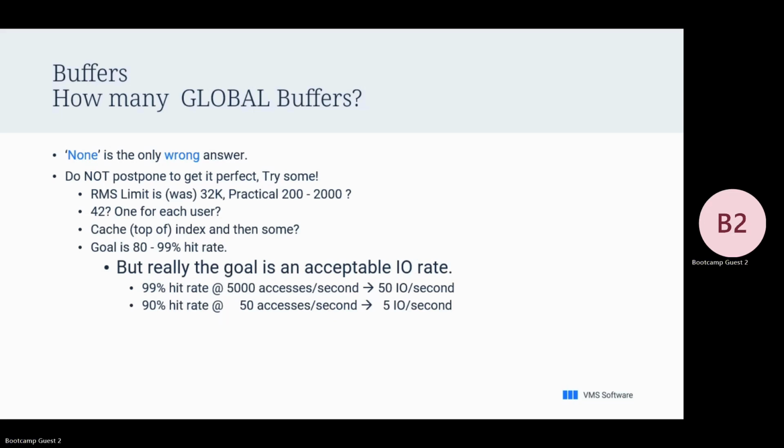So if I have 99% hit rate, but I'm doing 5,000 accesses a second, I'm still doing 50 IOs per second. And the 99 might not be good enough. And yet, when I have 90% hit rate on another file with just 50 accesses per second, I'm down to 5 IOs per second. And who cares whether the 5 becomes 4? Right? You feel that? So it's more about making an impact on the system.